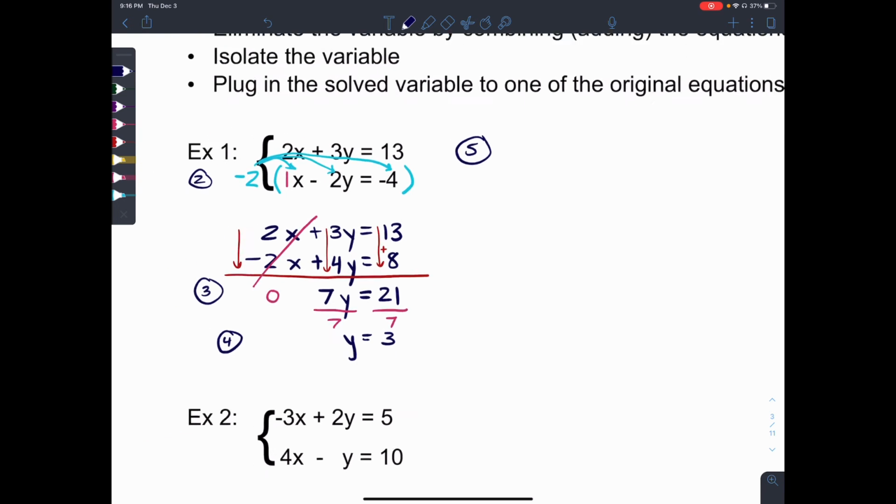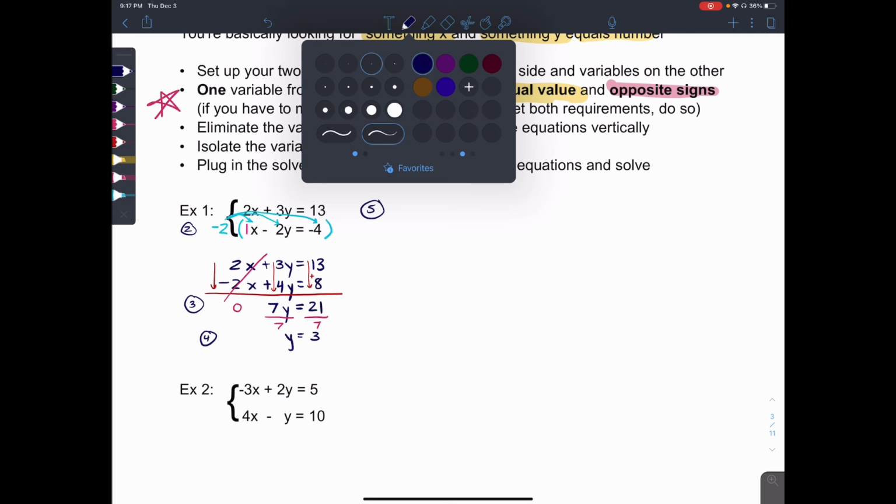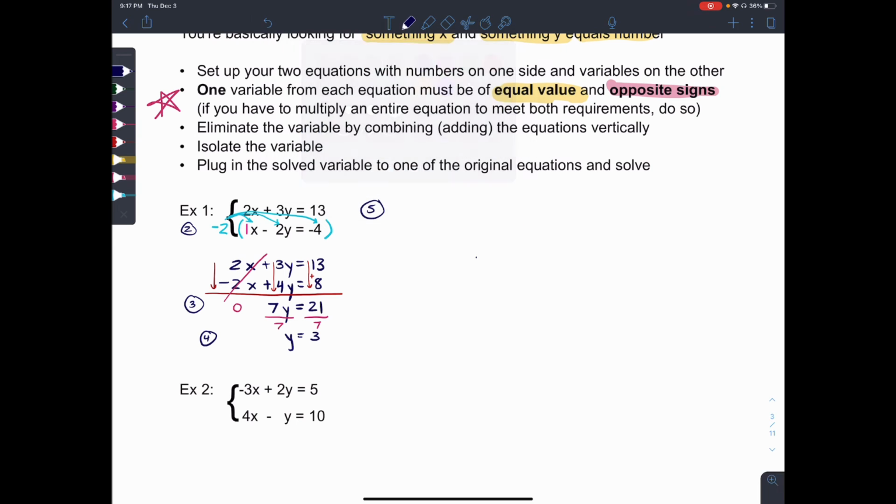Step 5. Plug in the solved variable to one of the original equations and solve. So we can either use the first one or the second one. It really doesn't matter. It's completely up to you. So I'm going to use the first one from before we altered it, when it was just x minus 2y equals minus 4.